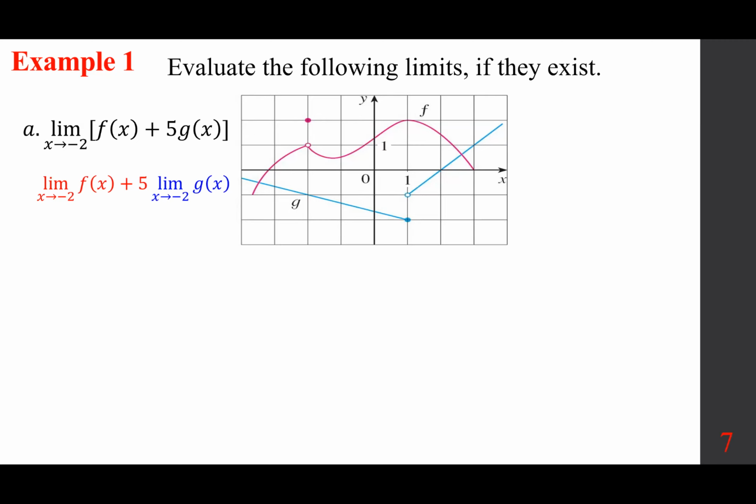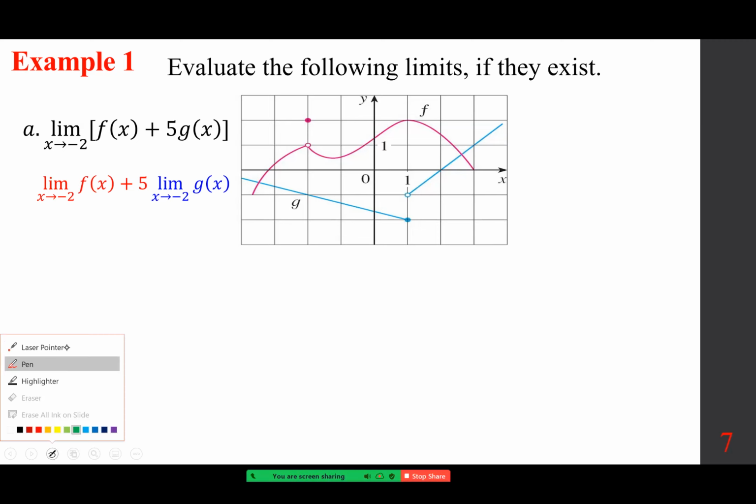Then we want to come up with the limit of f of x only as x approaches -2, which is the red function, and then the g of x. So let's look at f of x, everybody. Just the red function. The limit of f of x as x approaches negative 2.